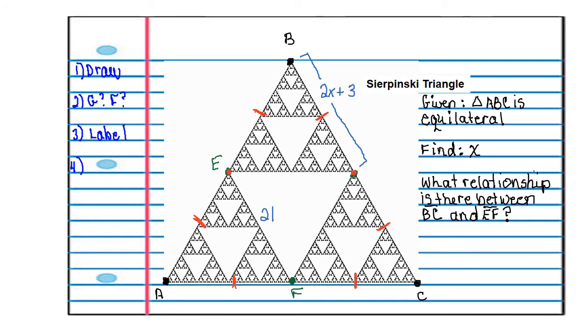Okay, looking at this regular triangle, an equilateral triangle here, we notice that each one of the sides here are being broken up totally in half. We have a midpoint here. And by virtue of having a midpoint here, we have the two sides that are congruent.